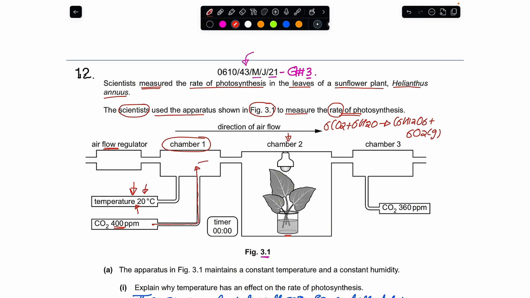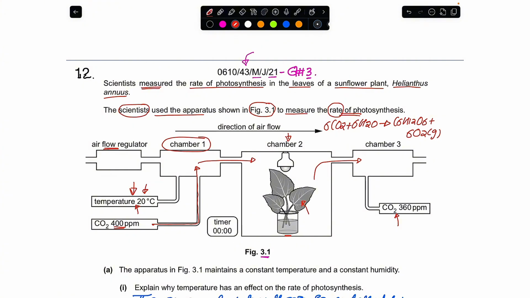For sure, the CO2 would now come into chamber 2 and diffuse into the leaves, where it would be used up in the process of photosynthesis. Any unused carbon dioxide gas would come into chamber 3, where the scientists are calculating how much carbon dioxide has remained unused.